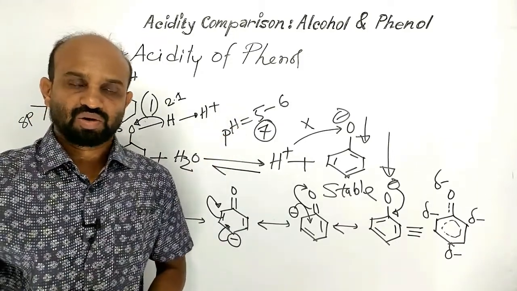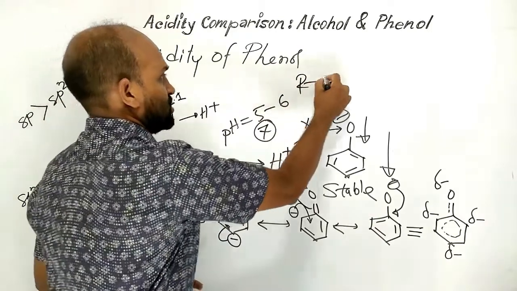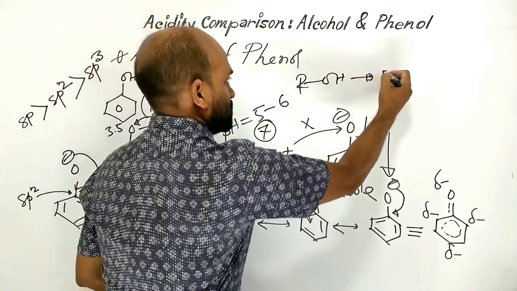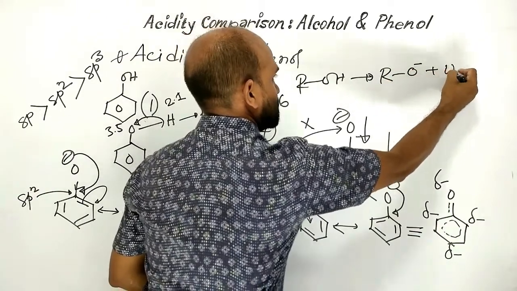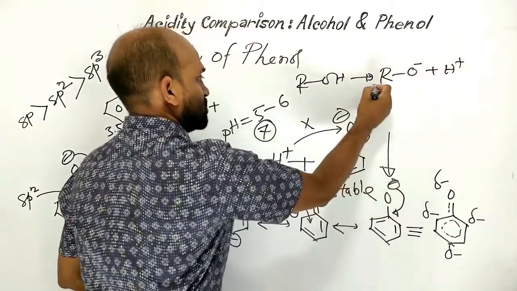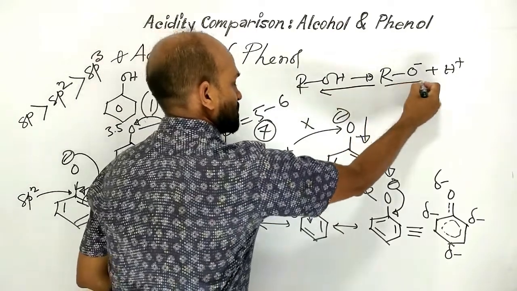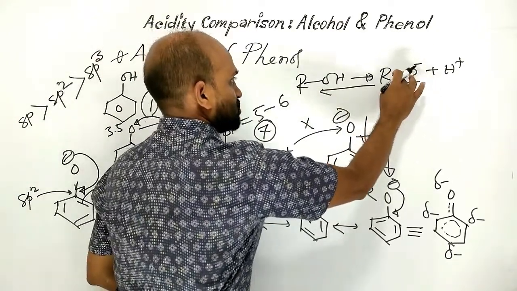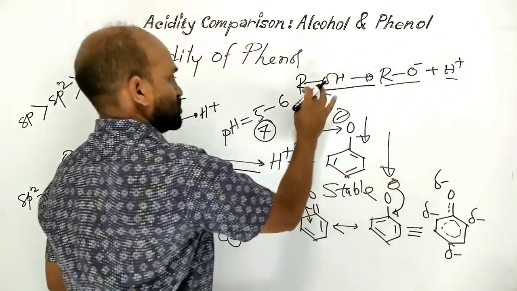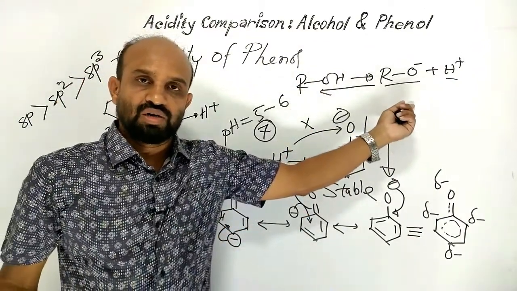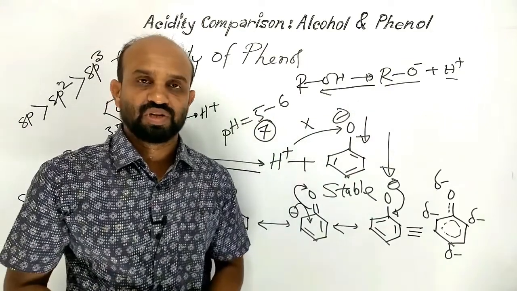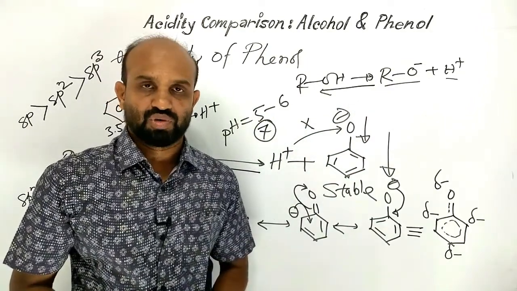But alcohol, from which the alkoxide ion is formed, that is not a stable alkoxide ion. It again combines with proton to form alcohol. The alkoxide ion cannot remain free after releasing proton.